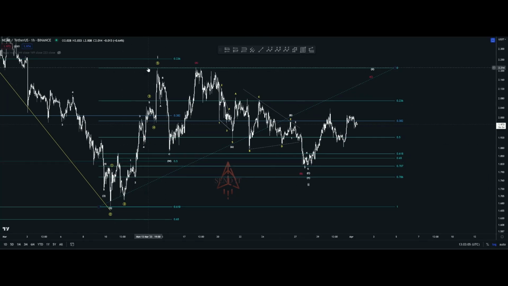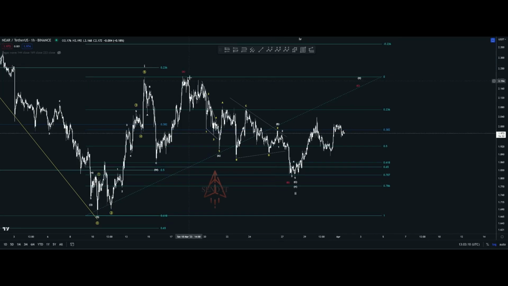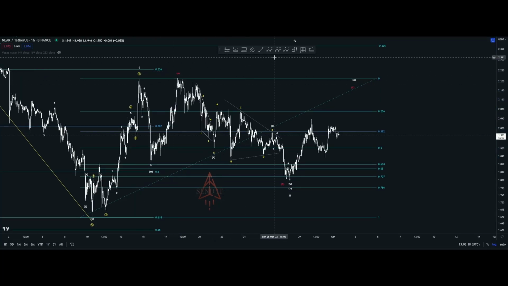There is an impulse here, so the issue is this wave, because this wave overlaps the end of impulse. So you might want to say, okay, that's not an issue because you can have A, B, and then impulsive structure to have a flat as a wave 2.